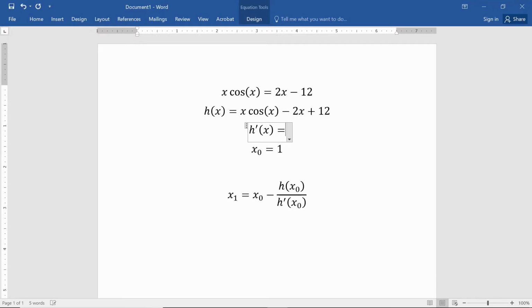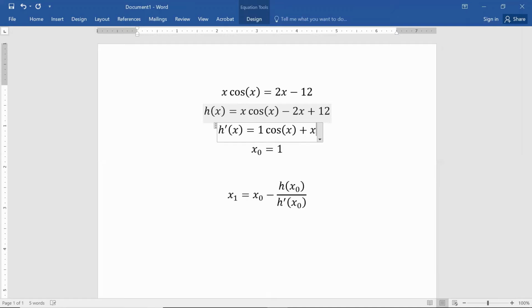Since I'm dealing with the function, let's take a derivative of that function. This first part, we have to remember how to do a product rule. So derivative of the first piece is 1 times the normal second piece plus the normal first piece times the derivative of the second piece.